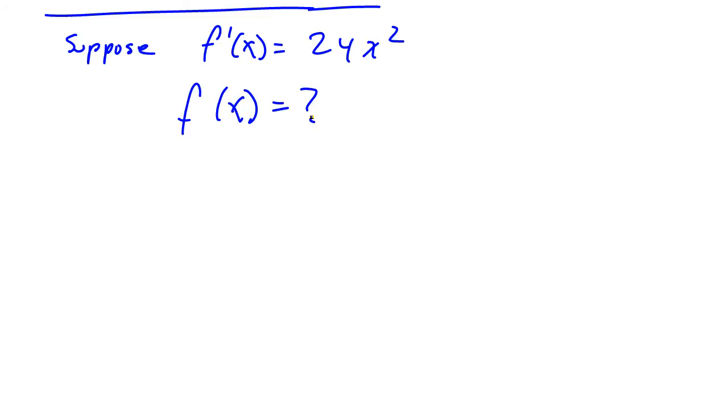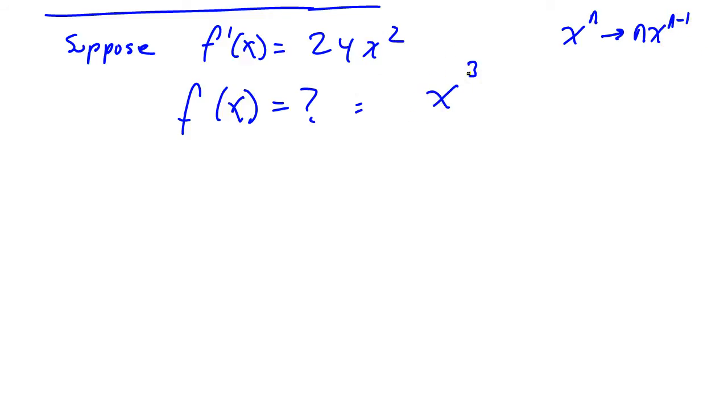With polynomials, you're looking at something like the derivative of x to the n, which is nx to the n minus 1. Taking the derivative, the power always goes down by 1. So taking an antiderivative, maybe the power should go up by 1.